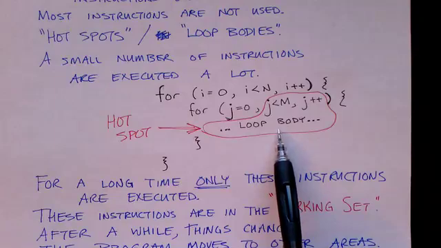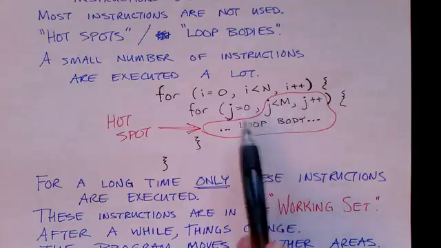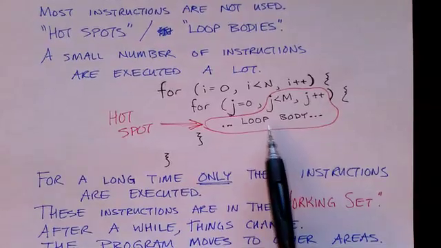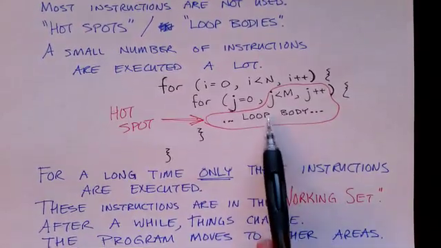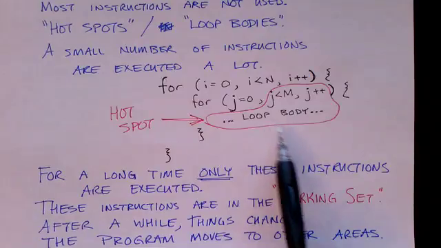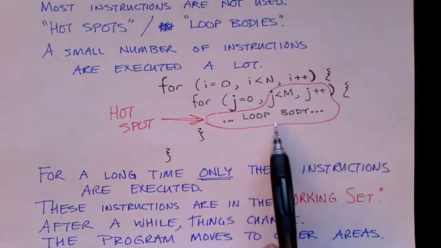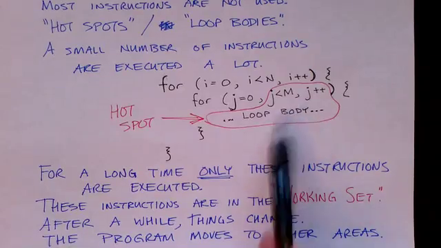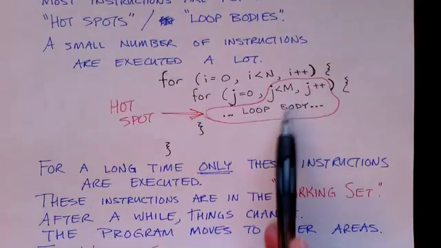After a while, the program will change, the loop will finish, and it'll go off and do some other stuff, so things will change. But the working set is something that's defined at a particular moment in time, and while the program is in this loop, its working set will include the instructions that are part of the loop.